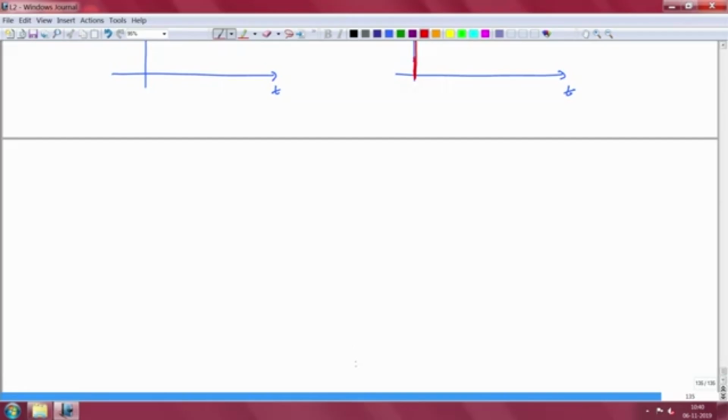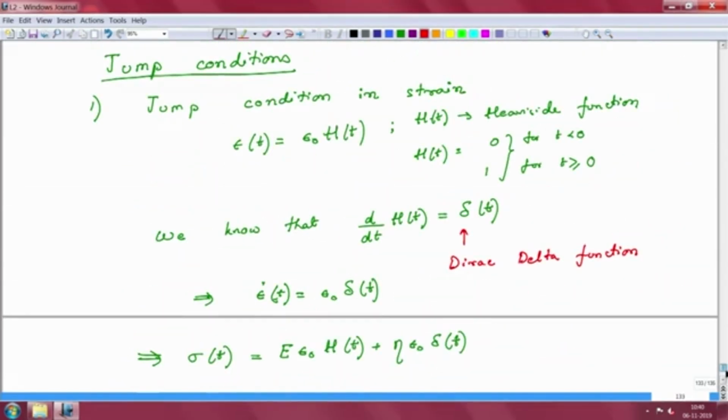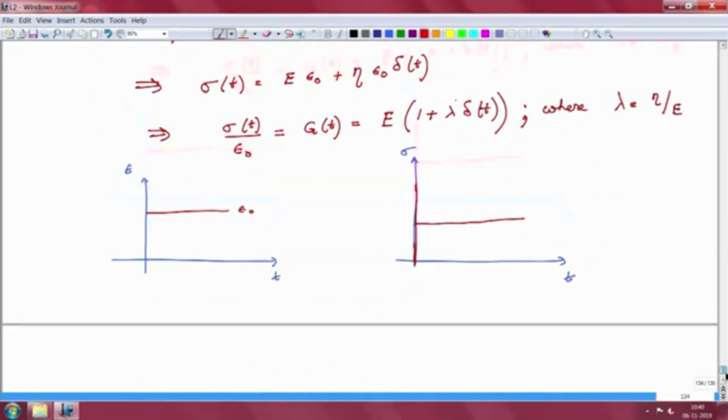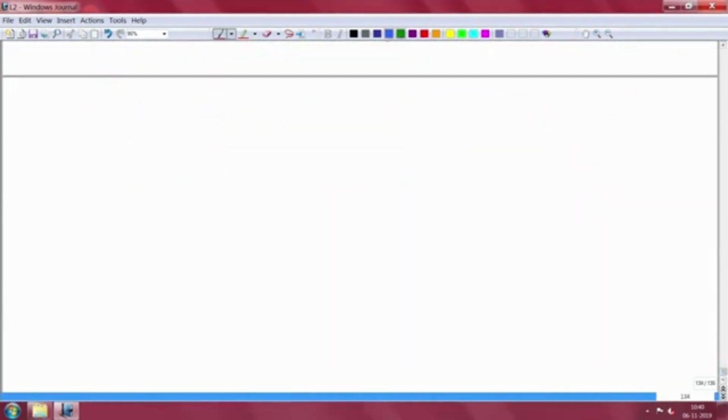Now, we just looked at a jump in strain. What we want to do now is to look at a jump in stress.